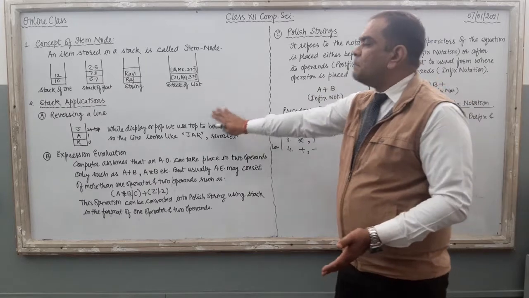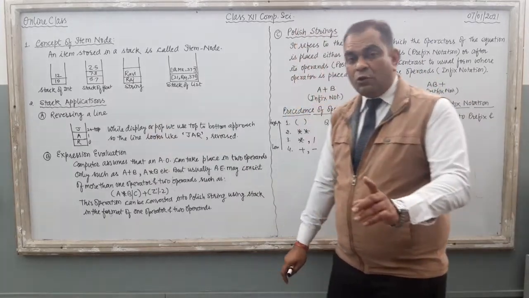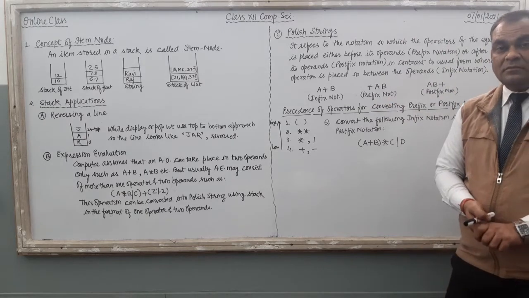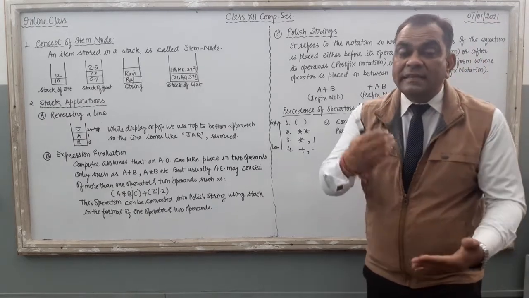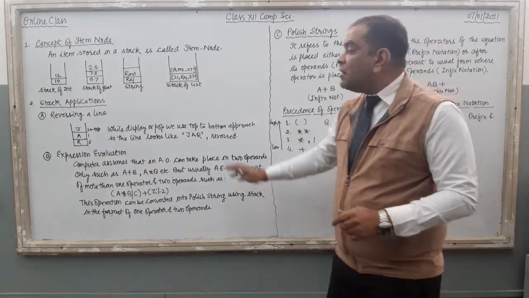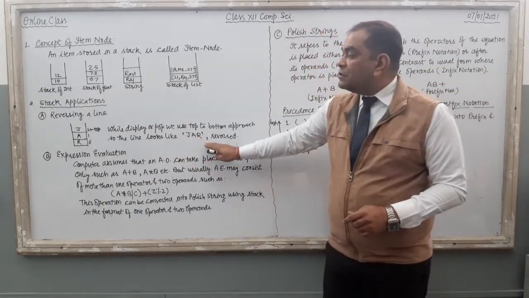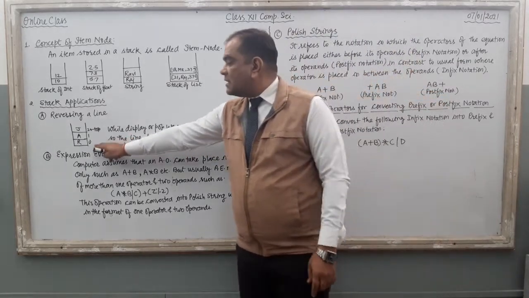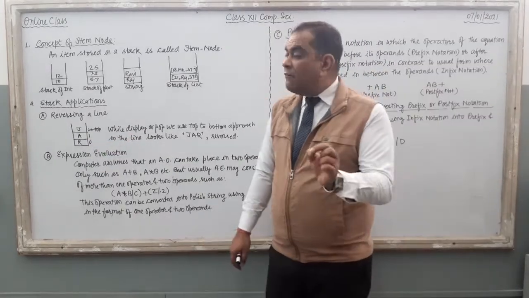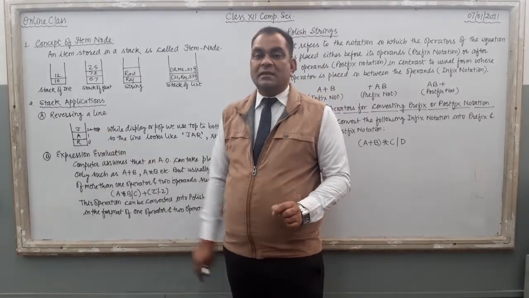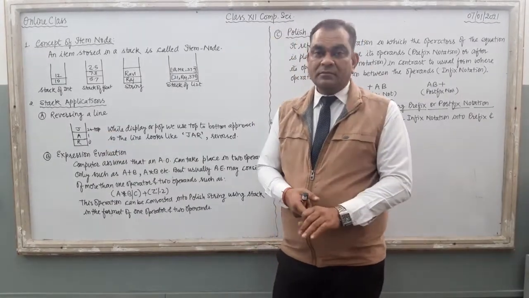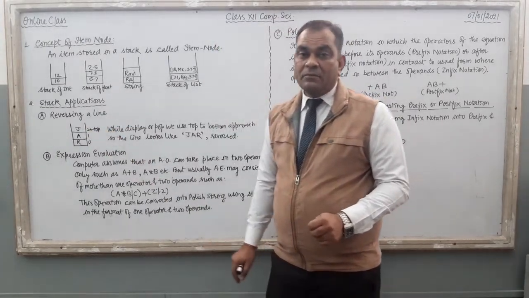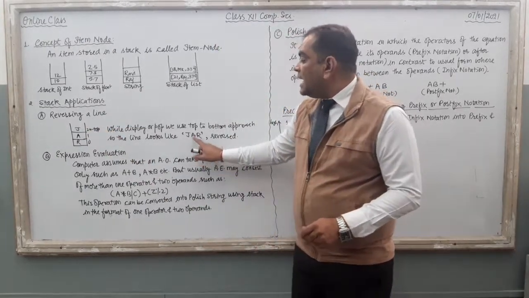So the very first application of a stack is, if you want to reverse a line, reverse a name, or reverse a sequence, you can reverse it very easily by using the stack object. Just see, here one stack is there, and I have inserted the name Raj into the stack: R, then A, then J. Now, if I display the stack, it looks like JAR.